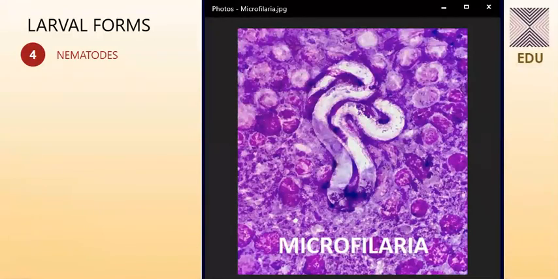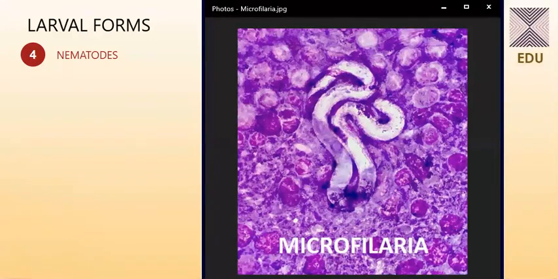Now if we talk about the adult forms of the Microfilaria, the adult forms live in a particular tissue of the hosts, or they may be present in the circulatory system of the vertebrates. The adult forms present in the tissues or the circulatory system of the animals release the Microfilariae, or the larval forms, into the bloodstream of the host.